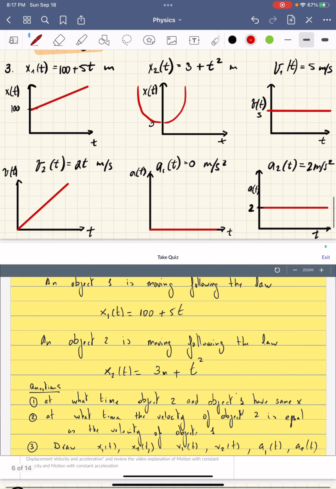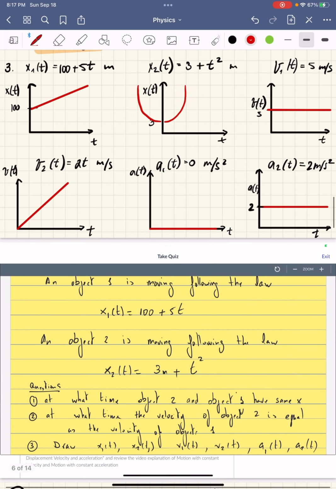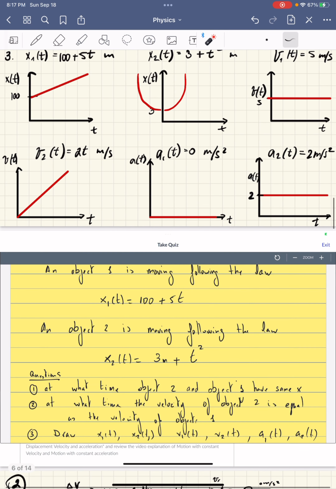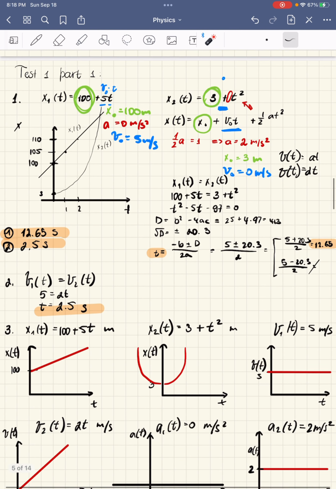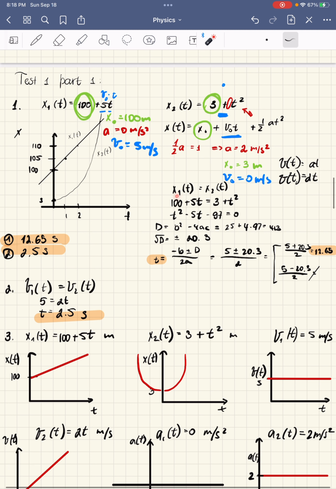Using this, we can solve our first question, which asks at what time object 2 and object 1 have the same x, meaning that we just have to solve x1 of t equals x2 of t. We already have these equations, so we just plug them in.